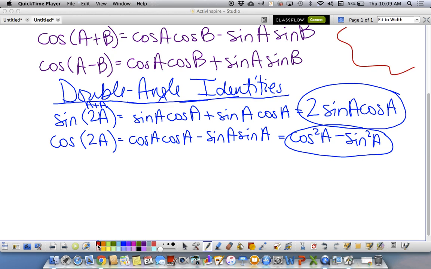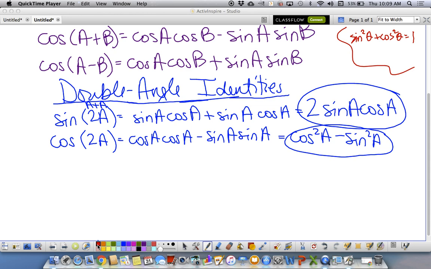Sine squared theta plus cosine squared theta equals 1. So if there's ever a subtraction, look at this: cosine squared minus sine squared. And think, hey, guess what? That actually equals cosine 2A.